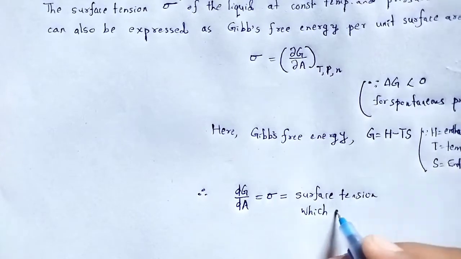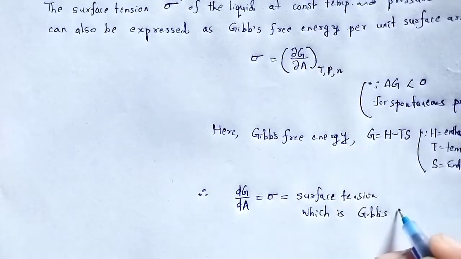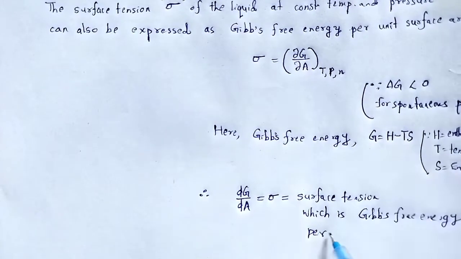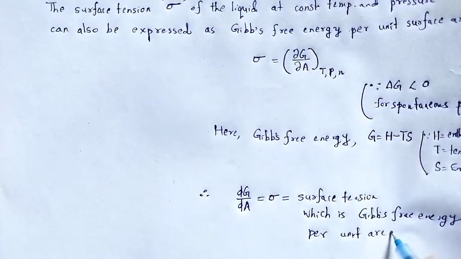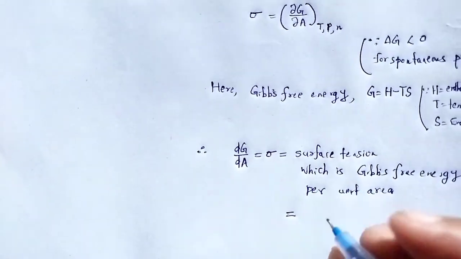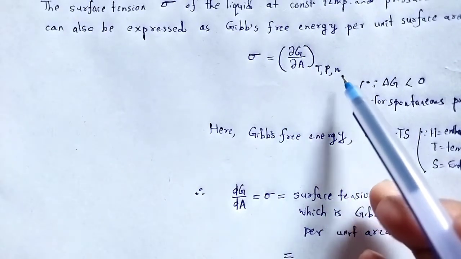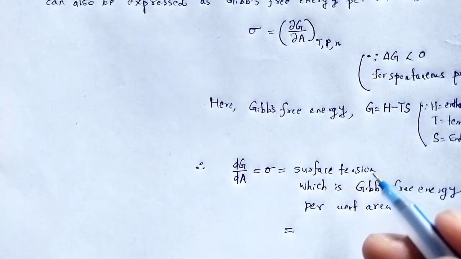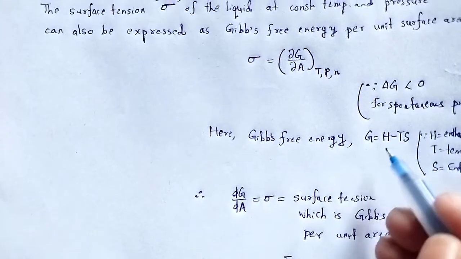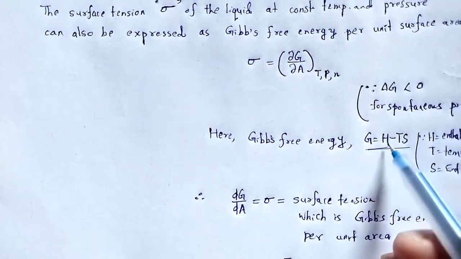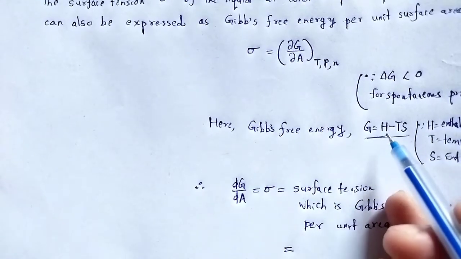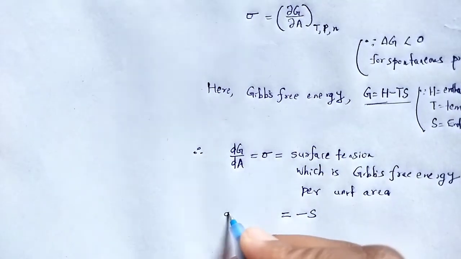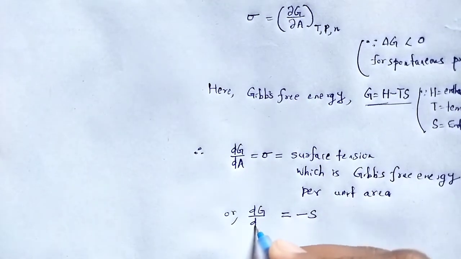When you differentiate dG by dA, that is the surface tension, which is the free energy per unit area, that will be S. The G will be H minus TS. Putting the value here in place of G, with T as constant, that will be minus S, that is minus S dG by dA.